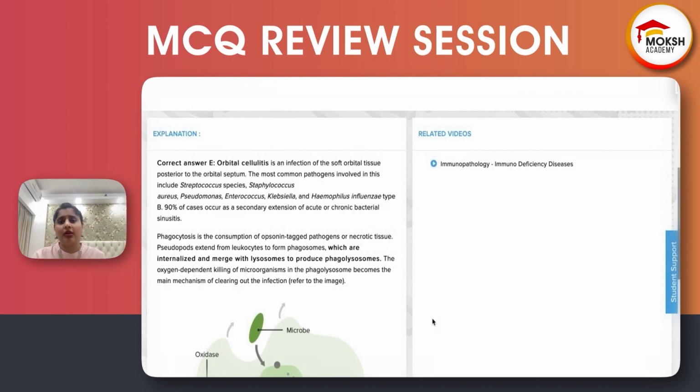Other than that, it's not very possible to cause primary infection. So most of the time it's a secondary infection that comes from your nose, sinusitis.